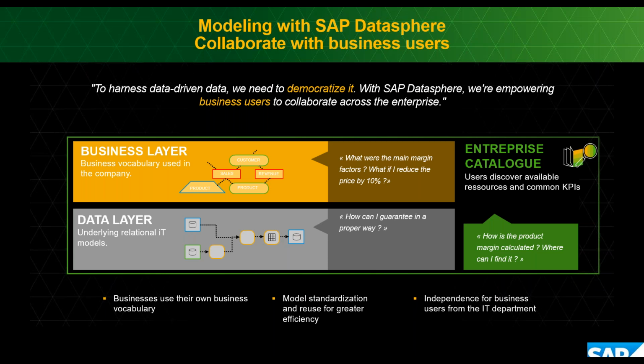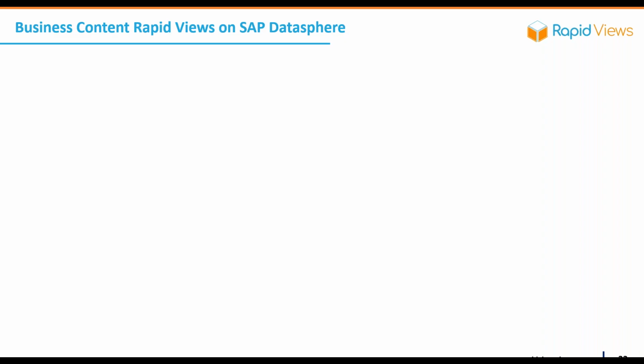And we reuse all this functionality to integrate our business content directly in SAP Datasphere. We recreate extractors to extract data from SAP ECC or SAP S4HANA system to the SAP Datasphere, and we replug all our view data marts directly on the business layer part of SAP Datasphere.